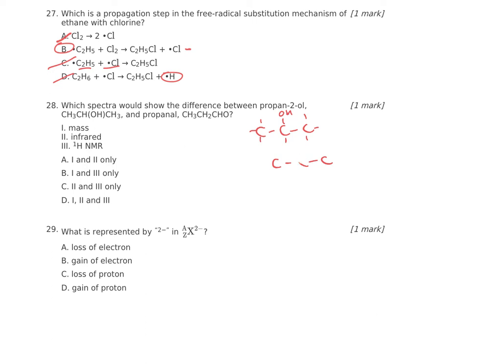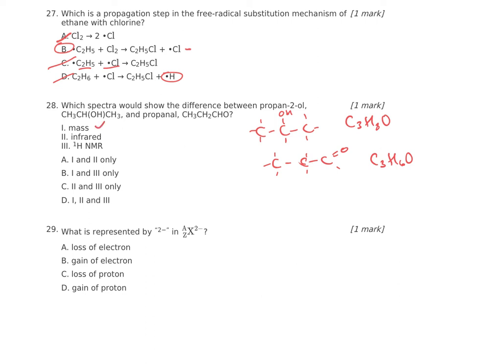Okay, so mass spectra, this is C3H8O, and this is C3H6O. So there would be a difference in the mass. So yes, mass spec would show us.